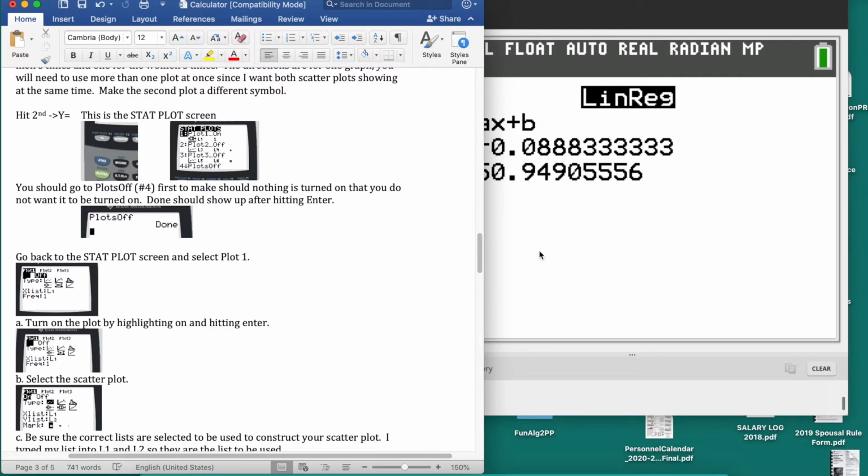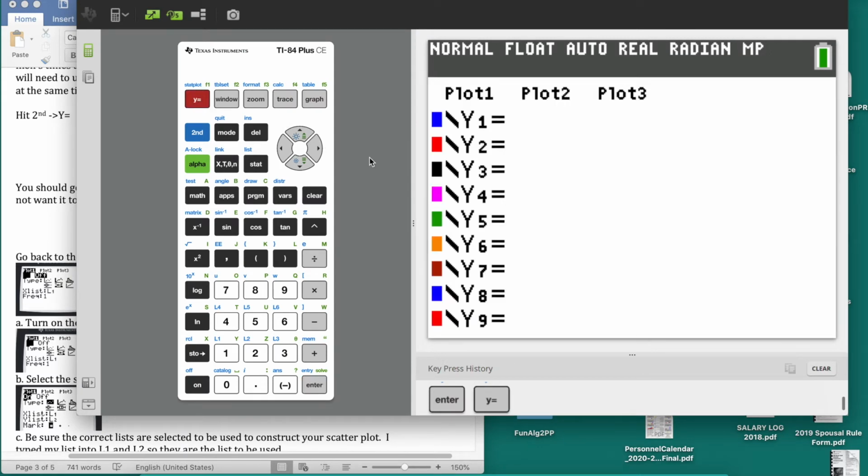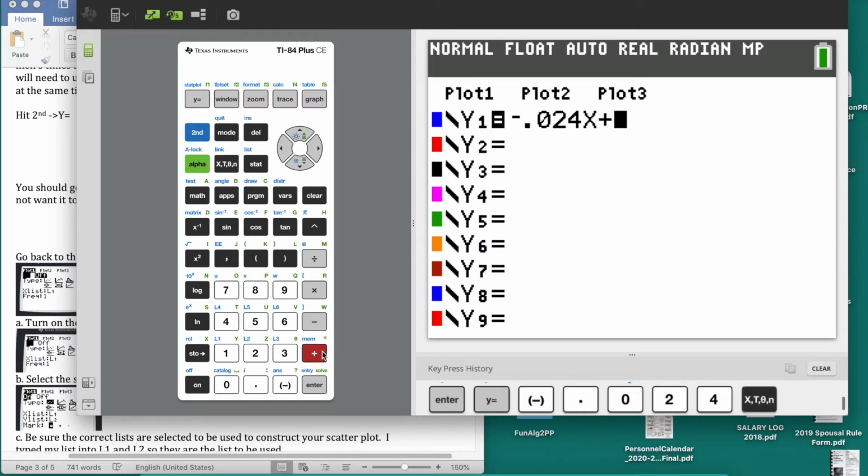So when I go to my y equals, I'm going to take the time to plug these in carefully. We have negative 0.024x plus 44.453. There's the men's equation.